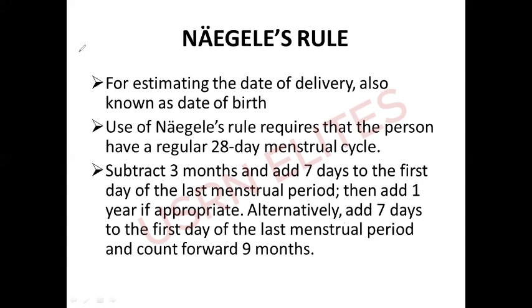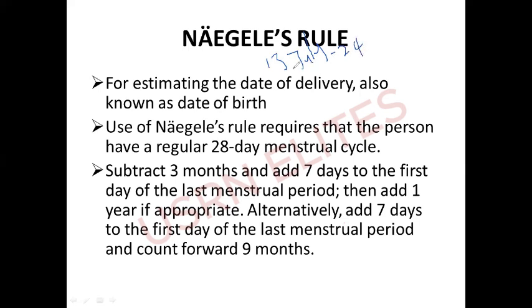Please, can you explain it again? Some of us, this is our first time. Okay. So let me use the question I posed. The first date of the last menstrual period was 13th July 2024.